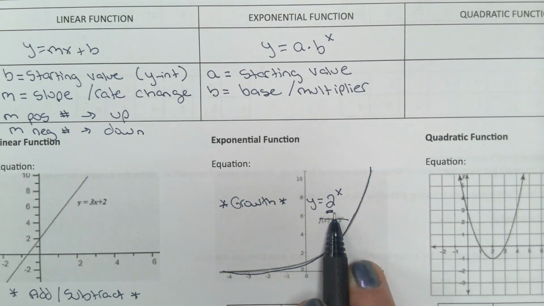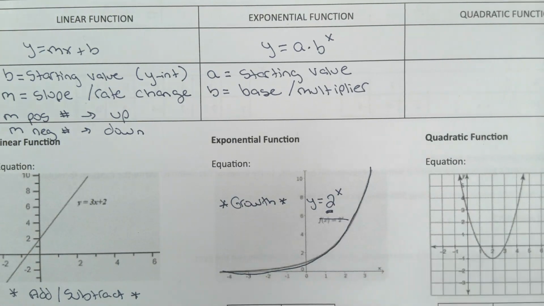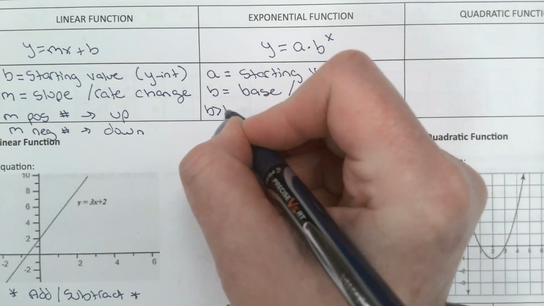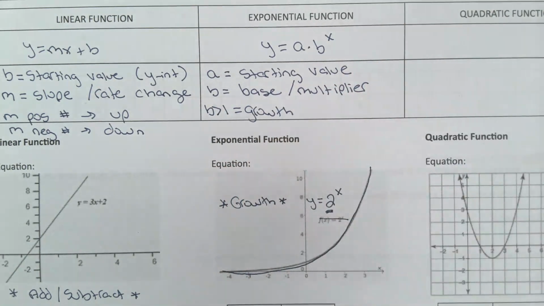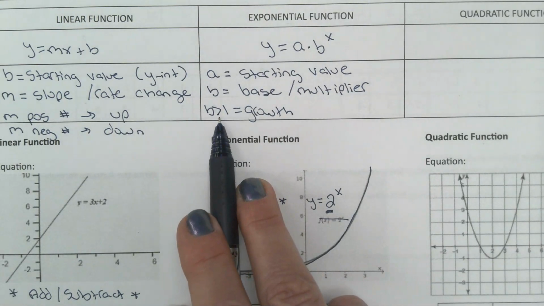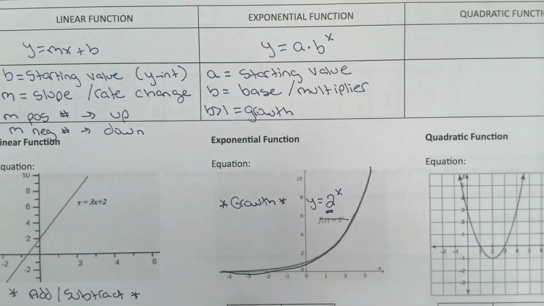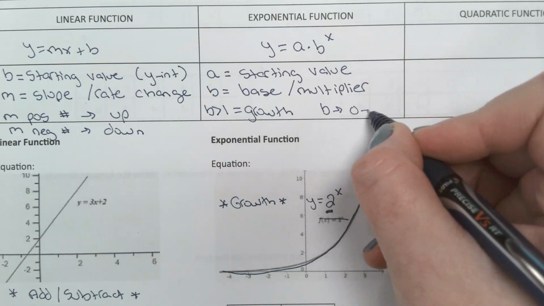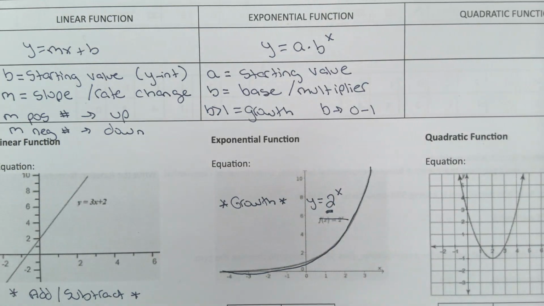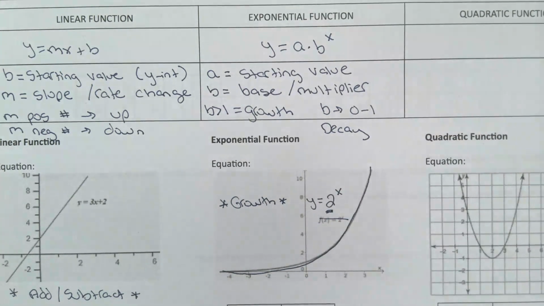I can tell that 2 is the b because it is the number that has the exponent on it. If b is greater than 1, then you will have a growth function. That says b greater than 1 equals growth. If your b value is between 0 and 1, you will have a decay function.